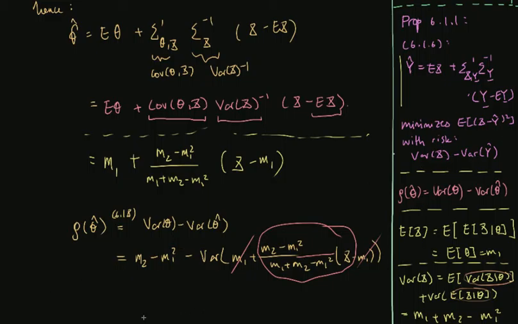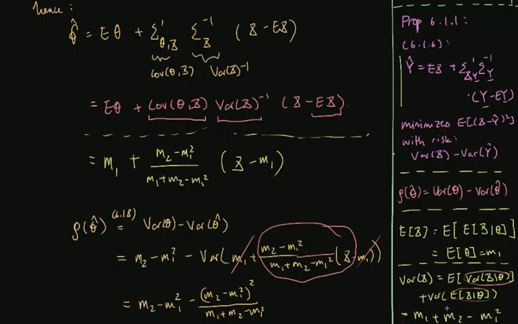So in conclusion, the linear risk is given as m2 minus m1 squared minus the square of m2 minus m1 squared, so this thing squared, divided by this thing below squared. So I have to take this and square it, and then I multiply by the variance of x.